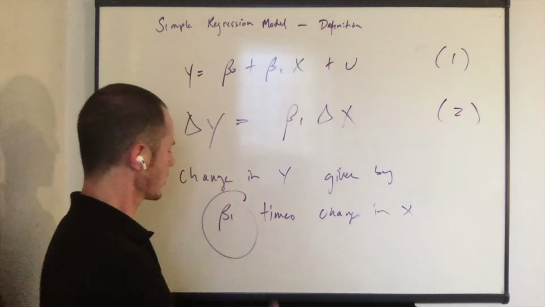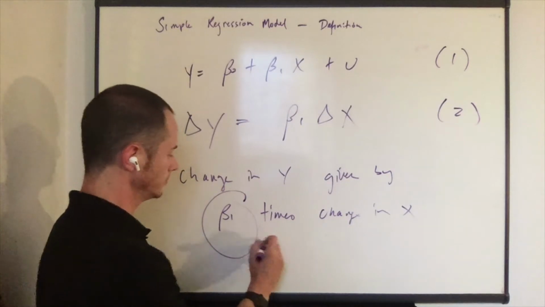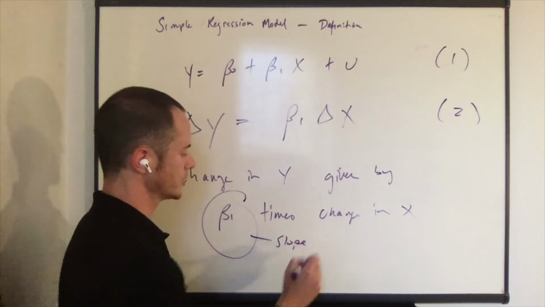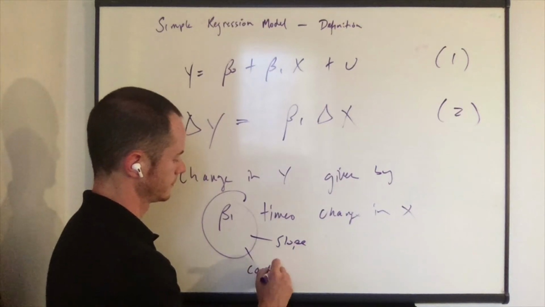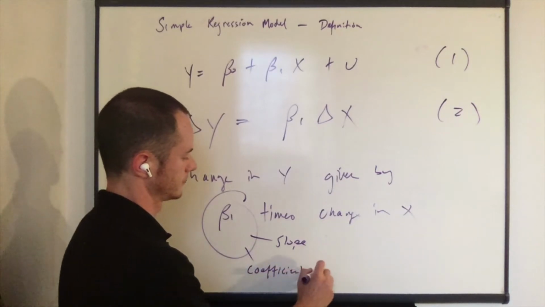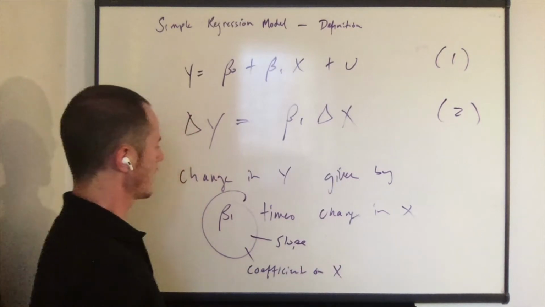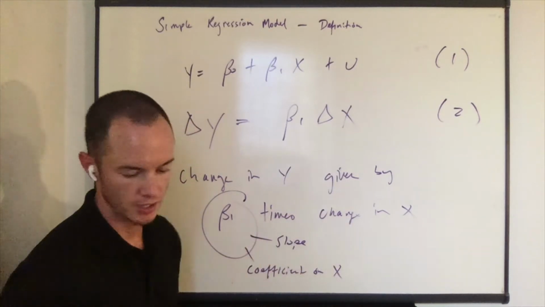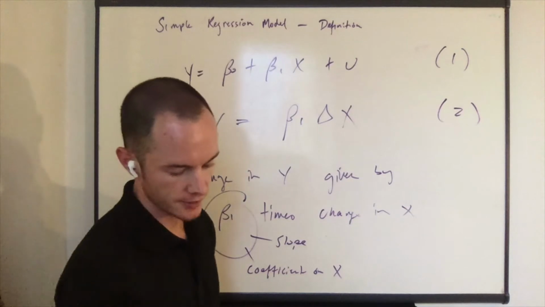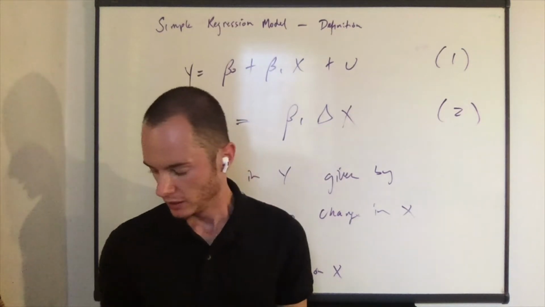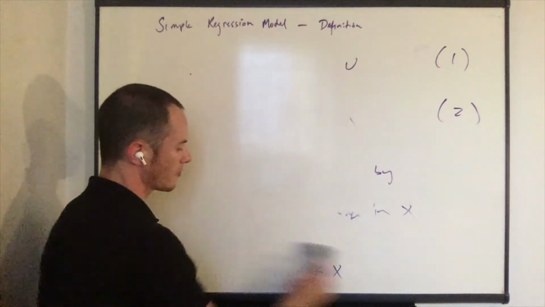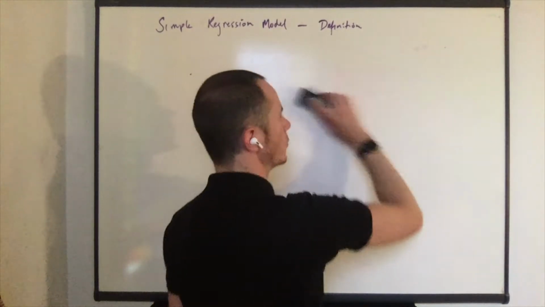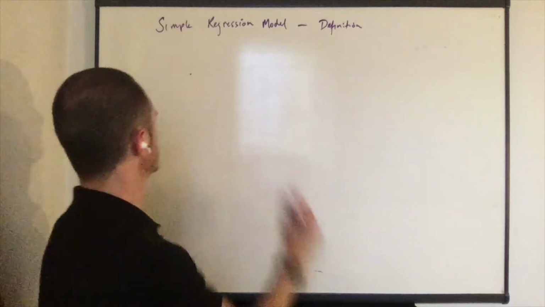So we'll talk about beta 1 as the slope, as we just discussed, or the coefficient on x, which tells us how much y changes for a 1 unit change in x. Let's look at an example. We're going to talk about the relationship between wage and education.